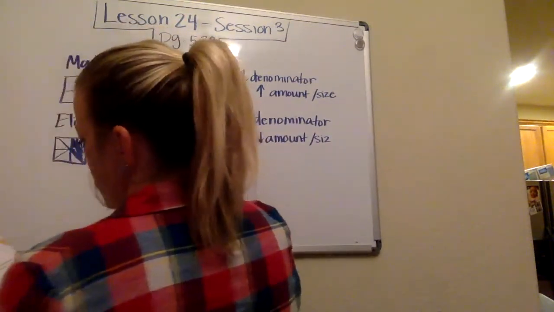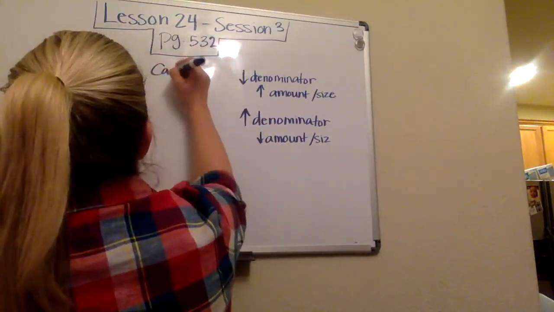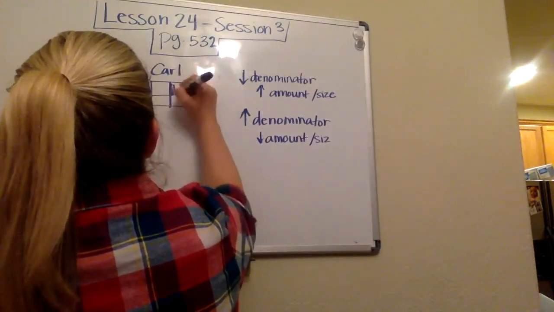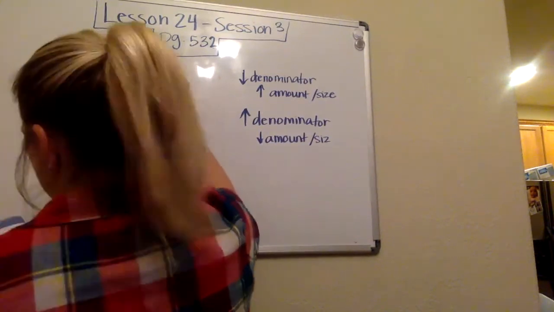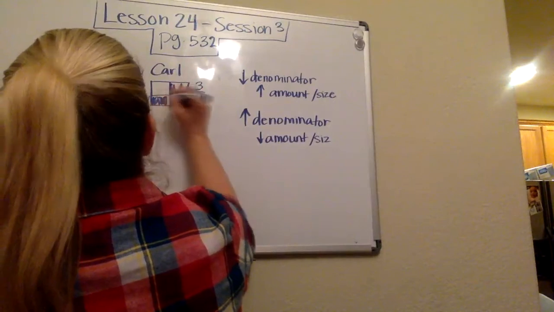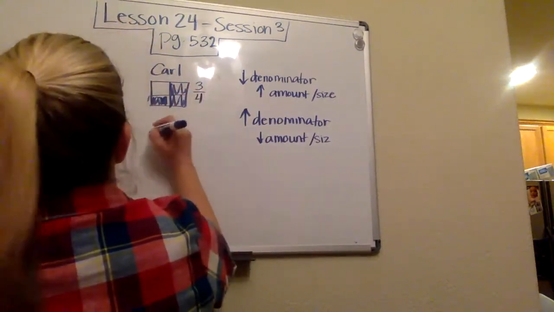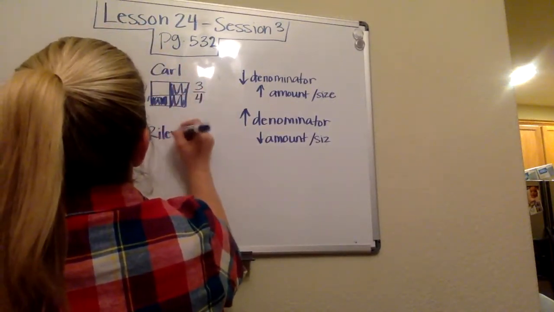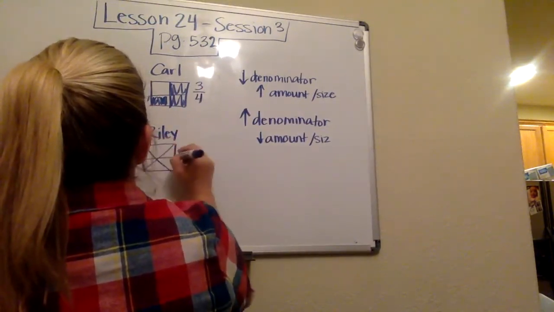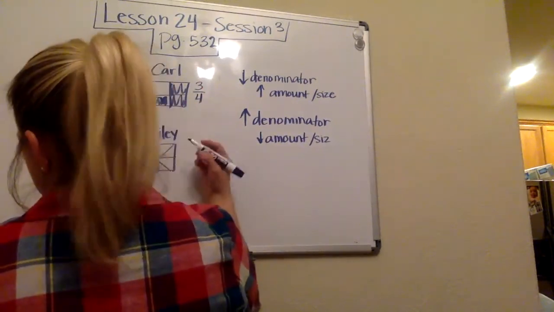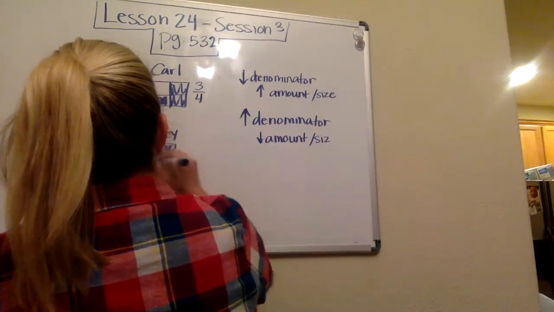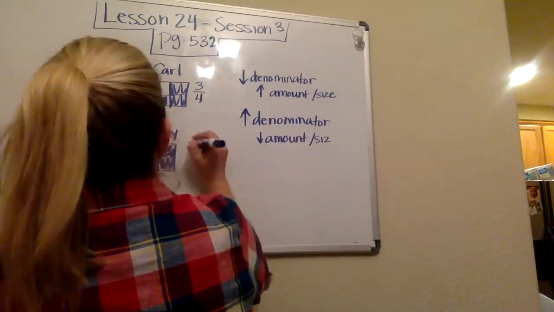Carl has 3/4 left. Okay, and the last person is Riley. And Riley has, let's see, 1, 2, 3, 4. Riley has 7/8 left. So I'm going 1, 2, 3, 4, 5, 6, and 7.